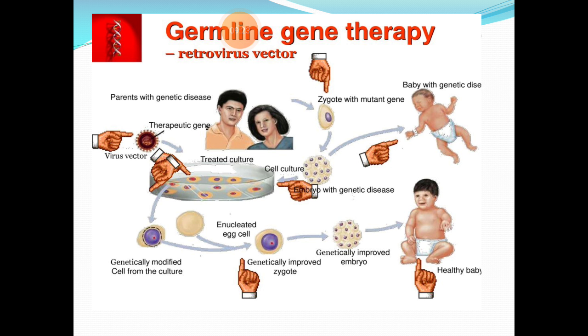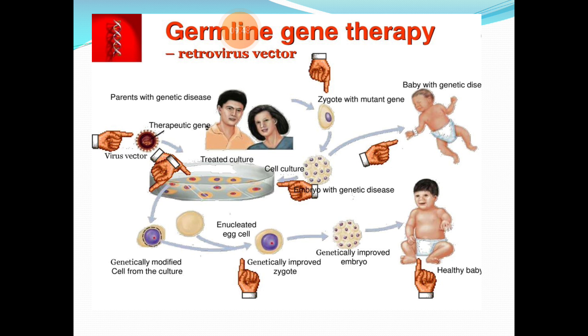So the male produces the sperm and the female produces the ovum, and the sperm fertilizes the ovum to produce a zygote with a mutant gene, with a bad gene or with a dysfunctional gene. And this zygote as usual undergoes cleavage, blastula, etc. to form a cell culture.